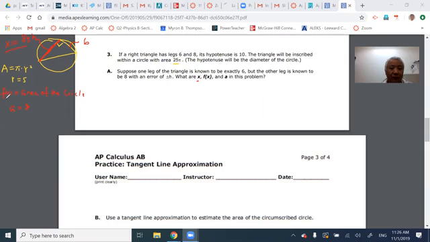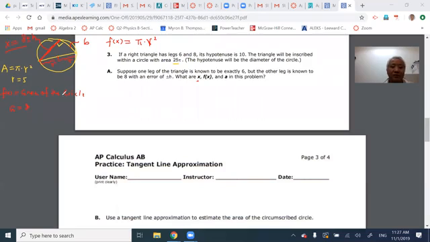Now, the first step we can find out is f(x) equals pi r squared. So this one we call r, and this one also is r.